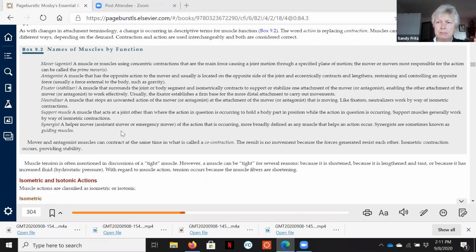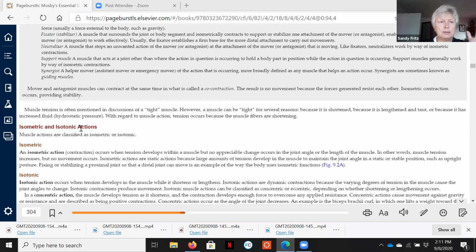Whereas when I'm a grandma, I might spend more time running around after a grandbaby, or reading a book, or attending a dance recital or something like that. So that's what these isometric and isotonic actions are about.